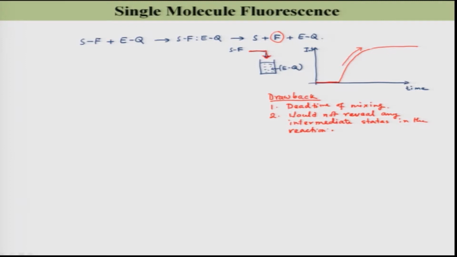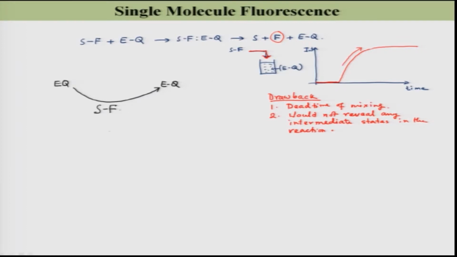So, what is the solution? The solution is single molecule level spectroscopy, single molecule fluorescence. Consider this situation that you have SF sitting over here and somehow you are just monitoring this SF. EQ will come, interact and go.